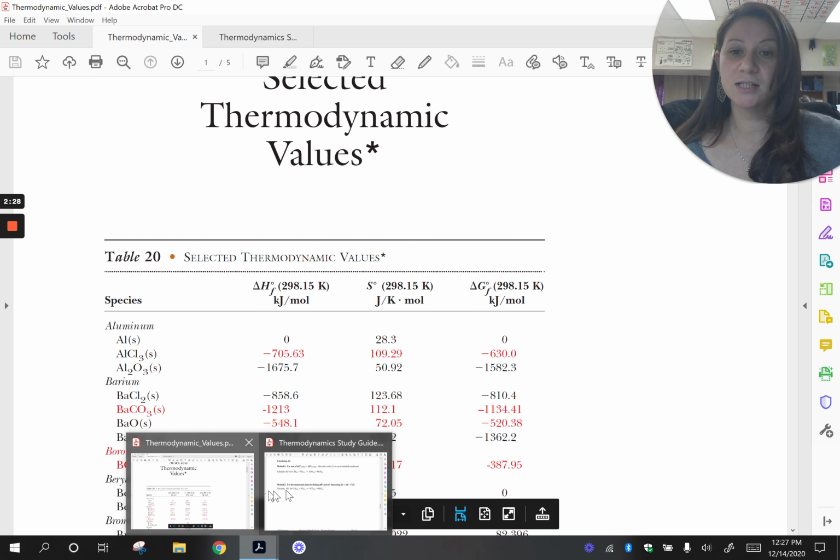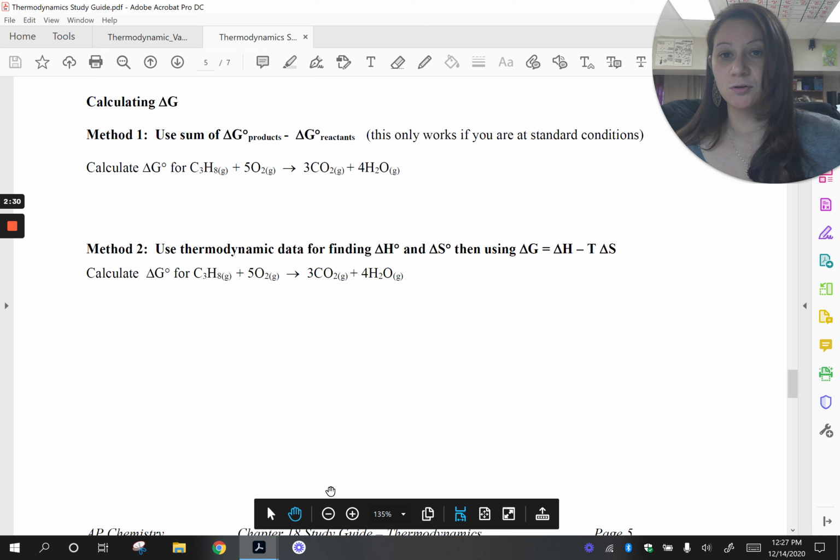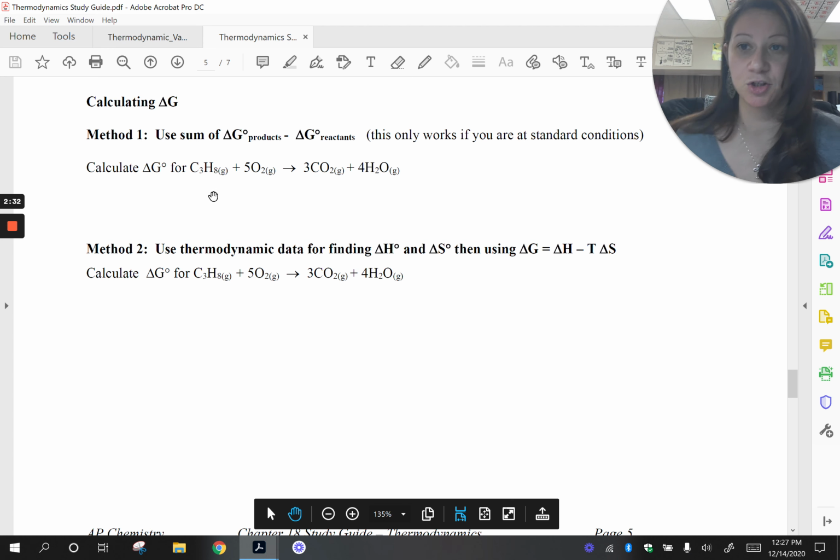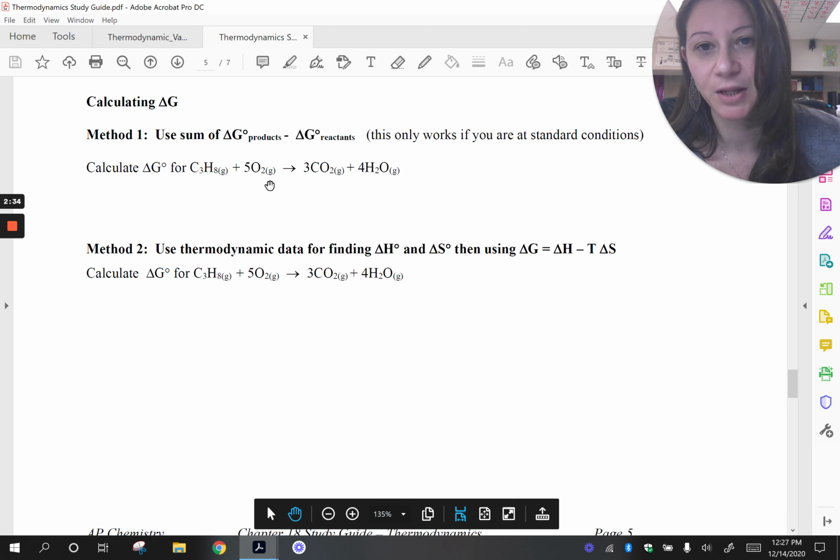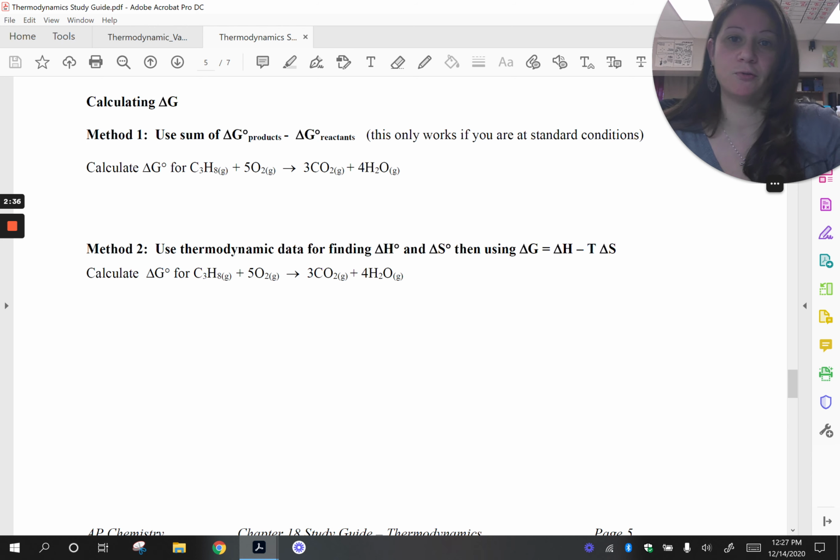So we can use these values in order to calculate delta G for a reaction. Let's say we want to burn some propane, and we want to calculate the Gibbs free energy for this reaction. You'll notice that those variables have a little degree sign next to them. That means that they're at standard conditions: 1 molar solutions, 1 atm of pressure, and 25 Celsius.